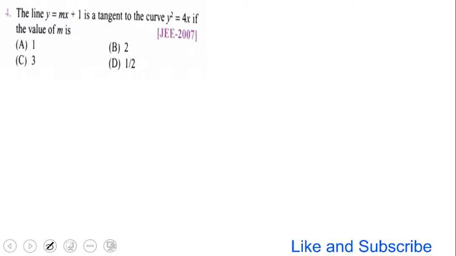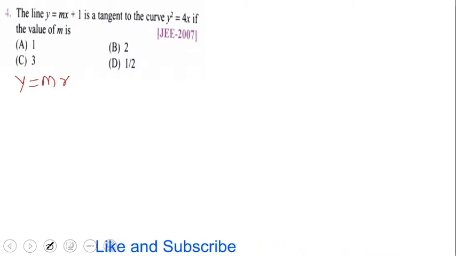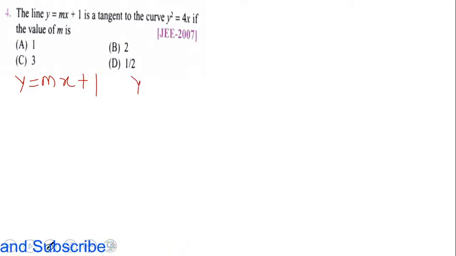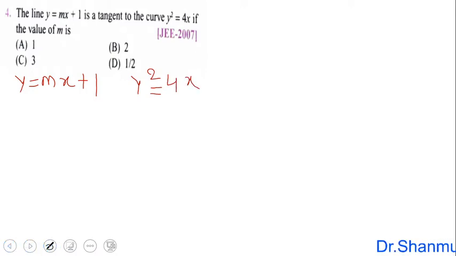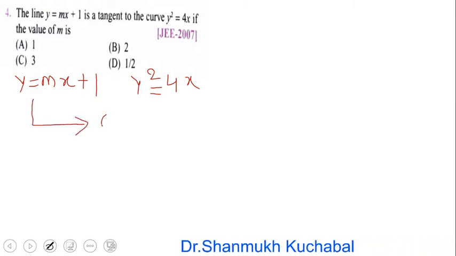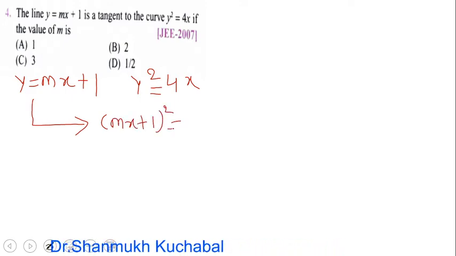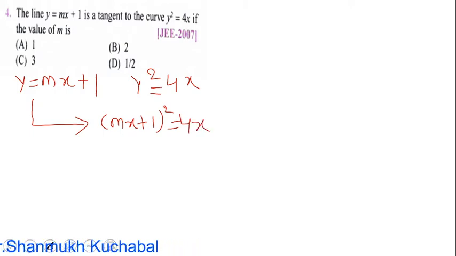Example number 4. The line y equals mx plus 1 is a tangent to the curve y square equals 4x. We have to calculate the value of m. From the first equation we substitute y in the second equation, and we get (mx plus 1) whole square equals 4x. Then we use the (a plus b) whole square formula.